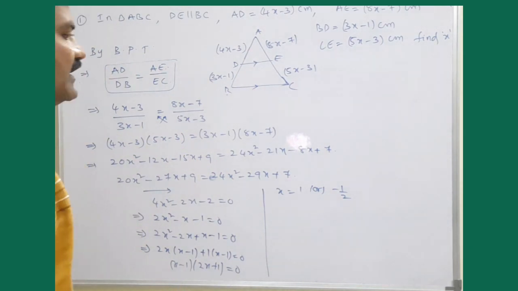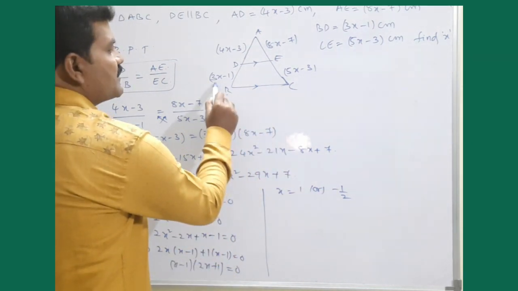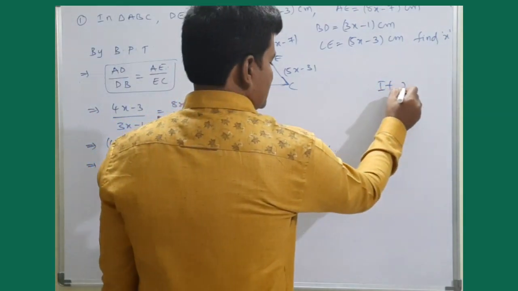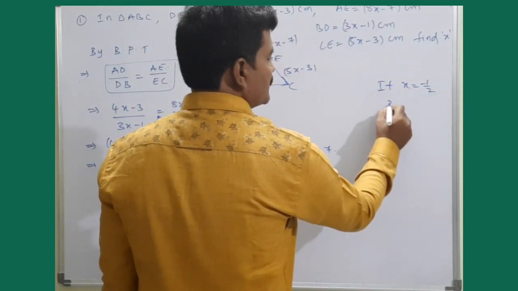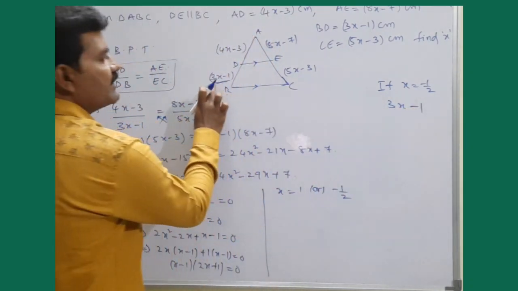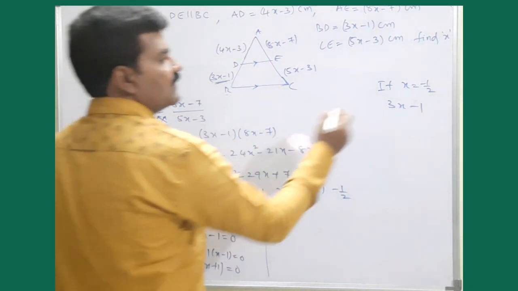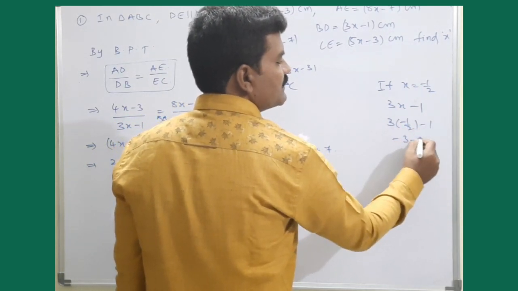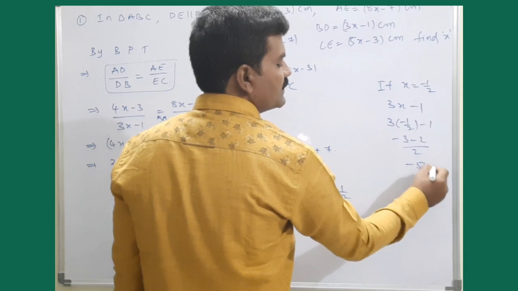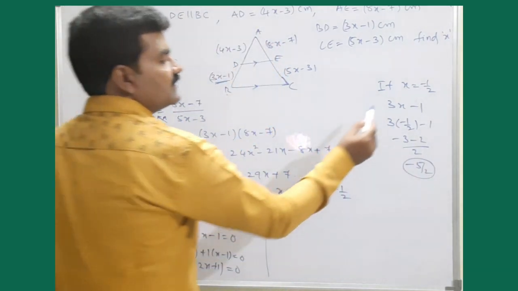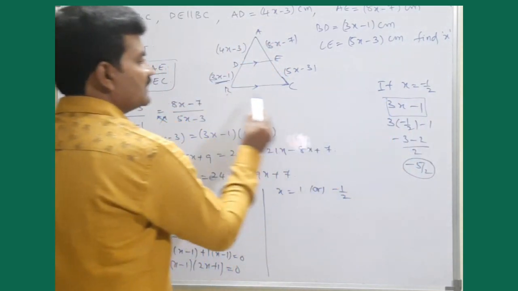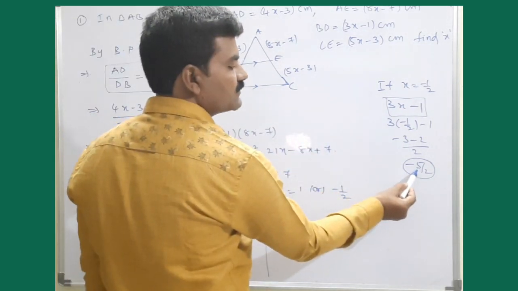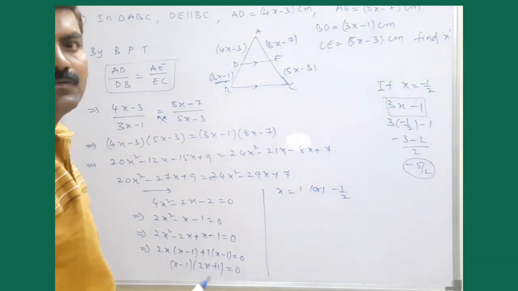But you see, when it is minus 1 by 2, especially some lengths, for example 3x minus 1, if x is equals to minus 1 by 2, substitute in this, then minus 3 minus 2 by 2, minus 5 by 2. See, actually this 3x minus 1 is a certain length here, but that length we got as a negative, which cannot happen, no?